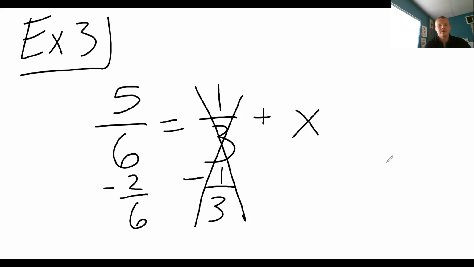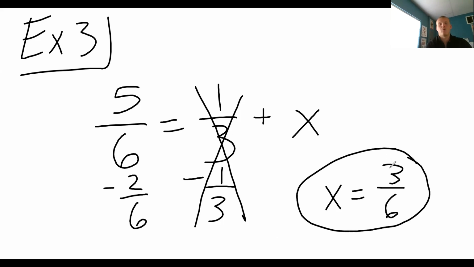And when I do that, 5/6 minus 2/6 is going to be 3/6. So 3/6, or 1/2. Okay. That's how much is available for new pages. All right. So pre-algebra, keep chugging along on your stuff.